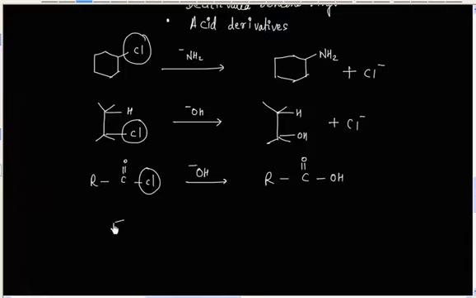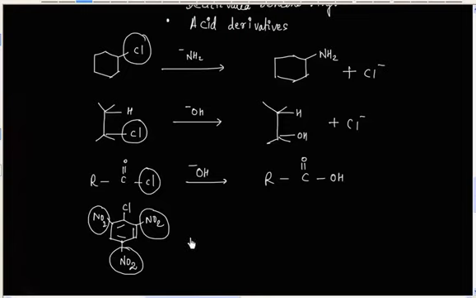You can have a deactivated benzene ring. So benzene contains electron withdrawing groups. So there are 3 electron withdrawing groups, NO2, NO2, and here we also have an NO2 group. So the ring is deactivated.